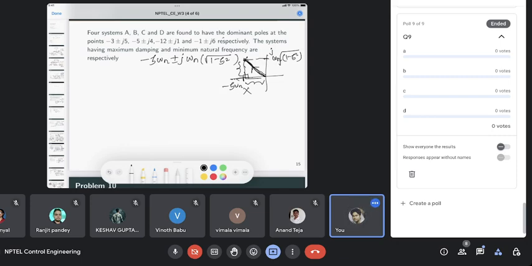So this length is the square root of this square plus this square, right? So it will be omega n square under the root.